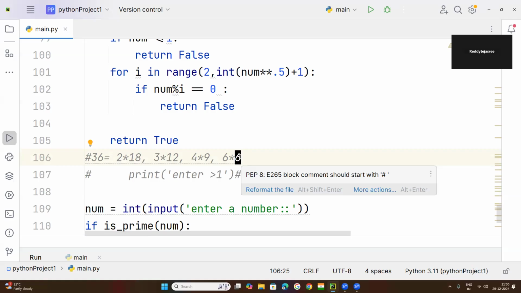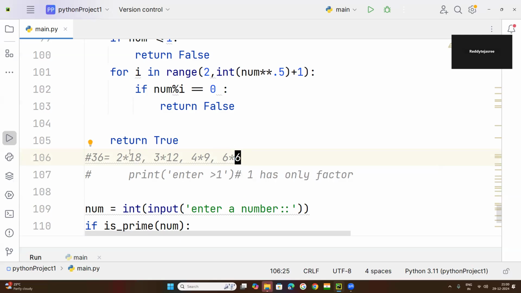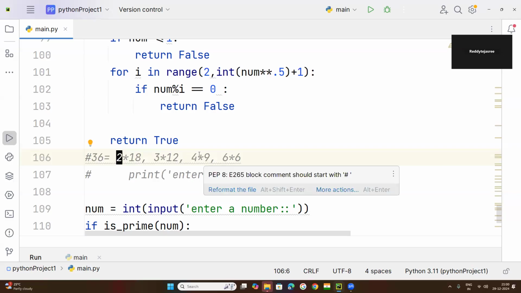So if any number has a factor which is larger than the square root, at that moment what happened? The corresponding smaller factor has already been checked. The corresponding smaller factors, what? These 2, 3, 4. So already they are considered.